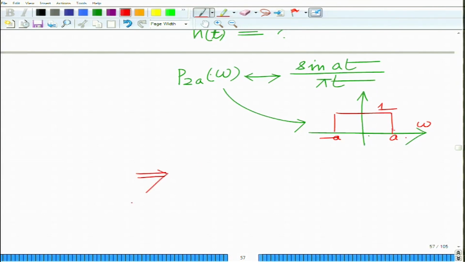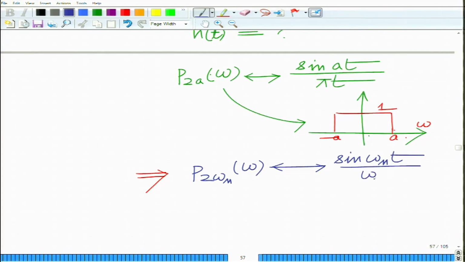Now, this implies that if you consider the pulse of width 2 omega m centered at 0 omega, that has impulse response sin omega m t divided by pi t.